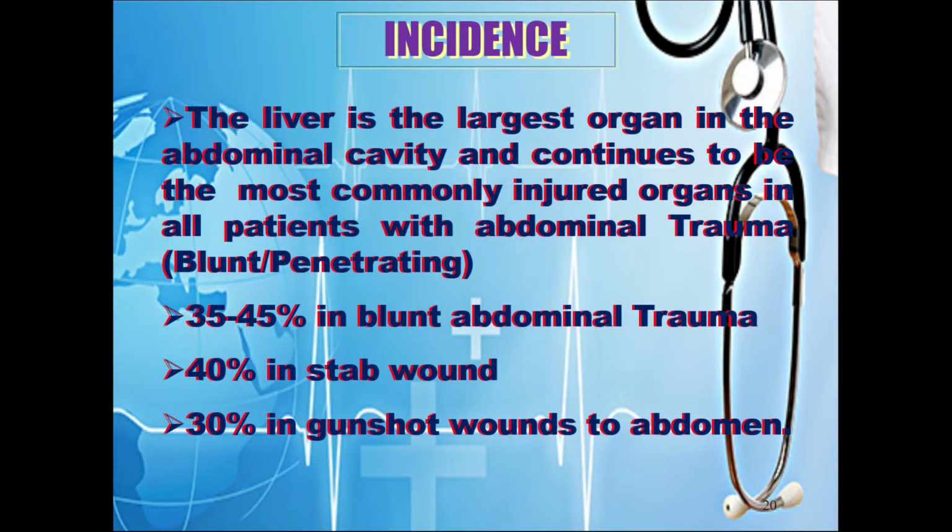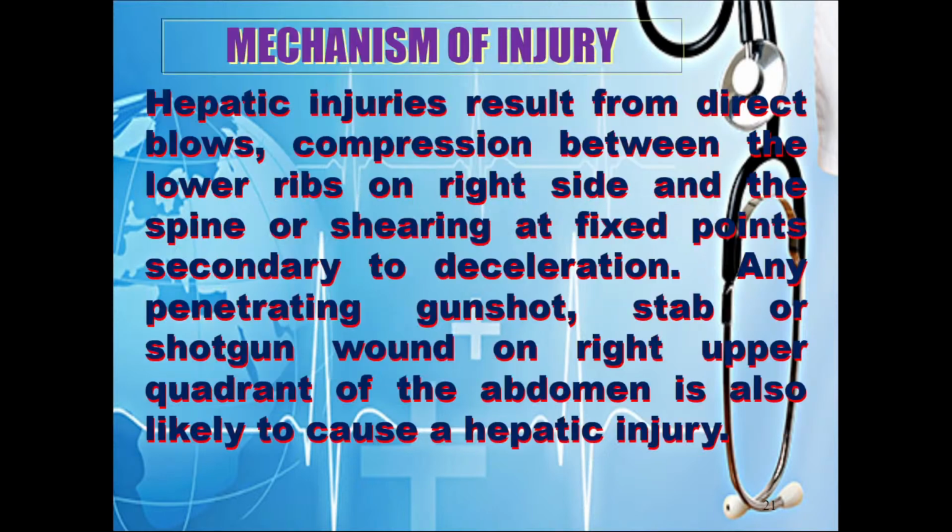In about 35 to 45% of blunt abdominal trauma, the liver will be affected, about 40% in stab wounds and 30% in gunshot wounds to the abdominal cavity. So rather often, in every third patient, liver damage should be excluded.